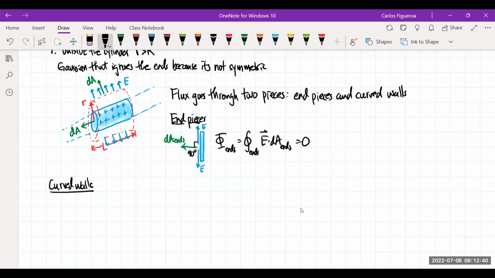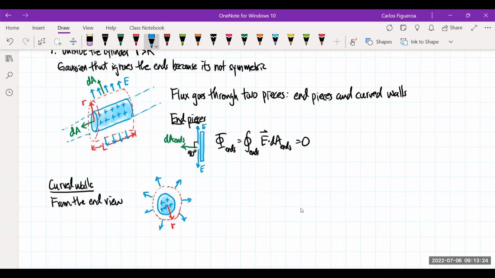So now what you're seeing here is that if I now look at the end view, I see that my Gaussian looks like this here. So I have charge here. And so my Gaussian is like this. So if this is my Gaussian and that's at R, what you're seeing here is that the flux through the Gaussian is now looking like this here.